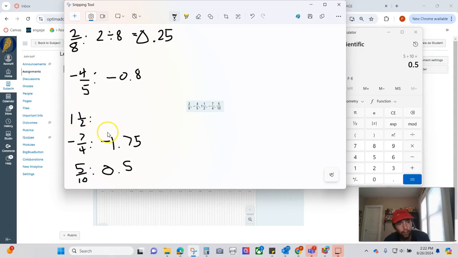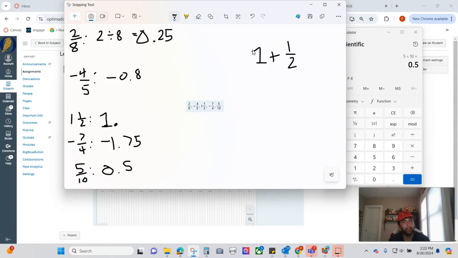1 1/2 is a little different because it's not going to end up 0 point something. It'll be 1 point something. 1 point whatever 1 divided by 2 is. Kind of like if I were to rewrite it like this: 1 plus 1/2. 1 1/2 is the same as 1 plus 1/2.